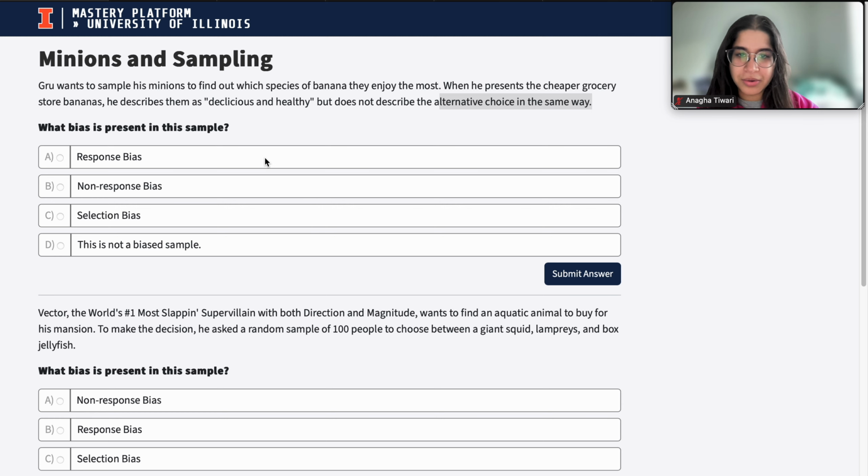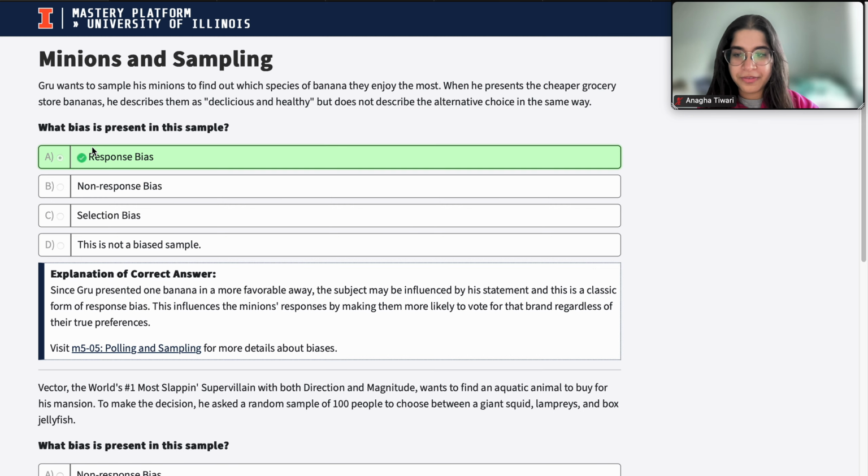So this is obviously going to affect their response, because you're affecting how people perceive the different options, right? The delicious and healthy one is perceived as delicious and healthy because that's what he has stated, while the alternative choice is just presented, right? So this is going to affect someone's response because people are more inclined to enjoy the bananas from the cheaper grocery store because they are described as delicious and healthy.